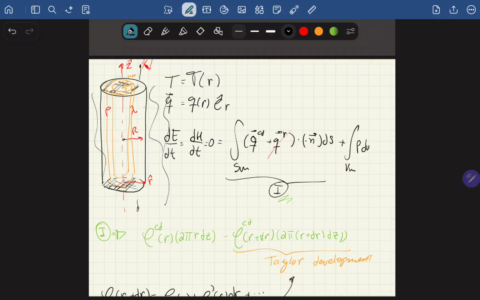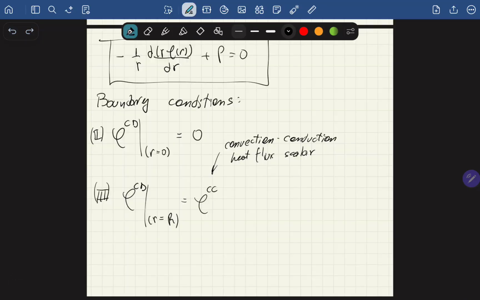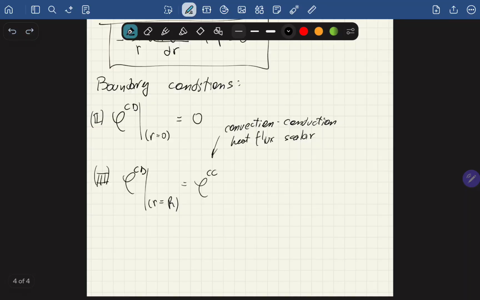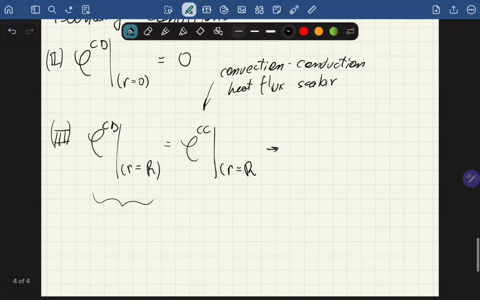There's convection here and conduction at the walls. So yes, that's where this comes from. Phi cc when r equals R, which implies that, so this comes from Fourier.